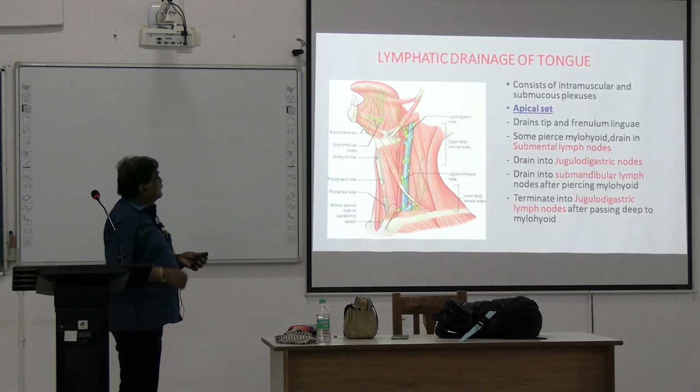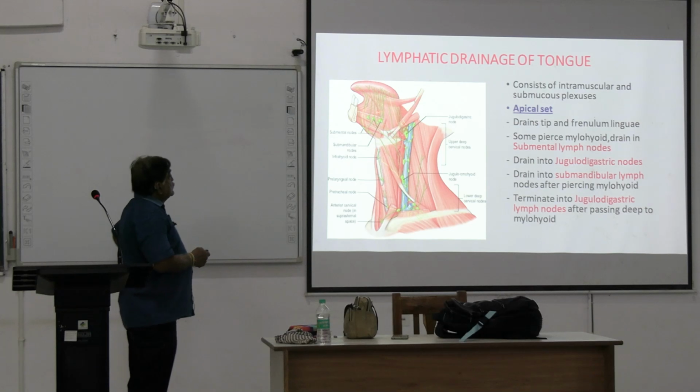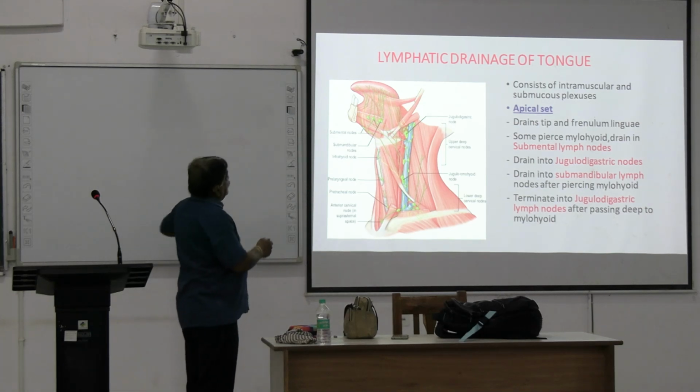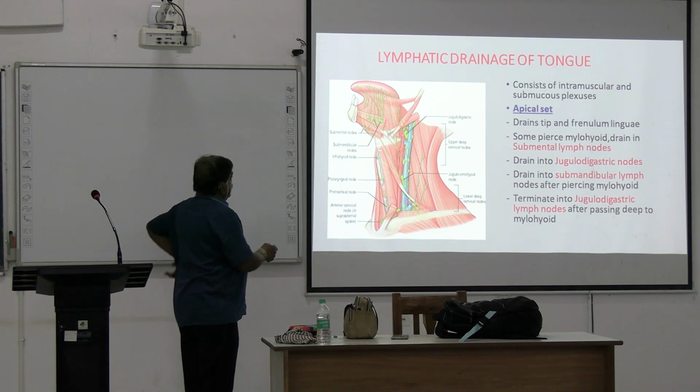Now, lymphatic drainage. See, in green, these are the lymph nodes. These submental nodes, submandibular nodes, infrahyoid node, this is hyoid bone, infrahyoid, pre-laryngeal node, pretracheal node, anterior cervical node in suprasternal space.